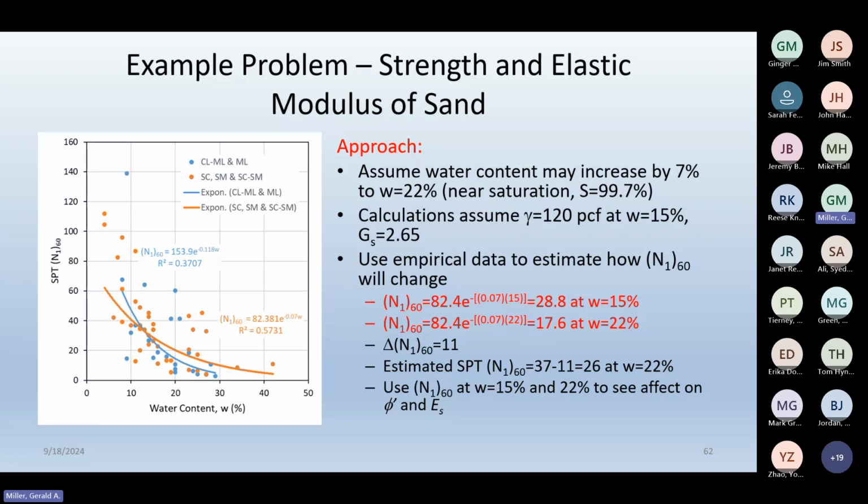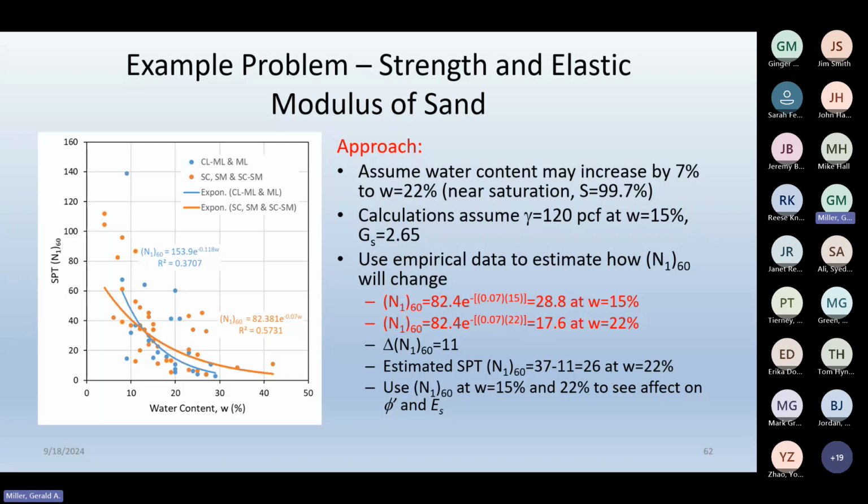To do this analysis, I'm interested in knowing what happens if the soil becomes near saturated. What happens if that water content increases to near saturation, which is about 22%. So I'm going to analyze my change due to an increase from 15 to 22%, or basically a change in water content of 7%.